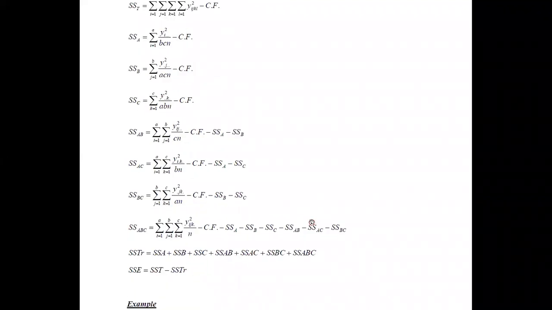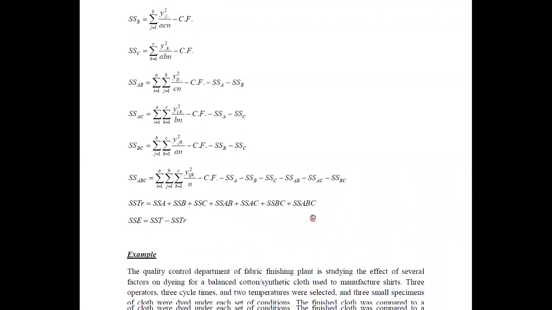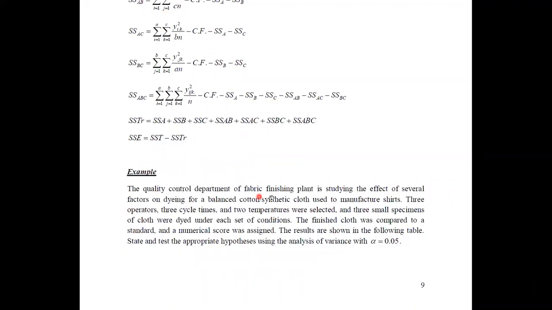And now we will see an example regarding this three-factor factorial design. In here, a quality control department of a fabric finishing plant is studying the effect of several factors on dyeing for a balanced cotton or synthetic cloth used to manufacture shirts. Here they have identified three operators, three cycle times, and two temperatures, which can be considered as their factors.